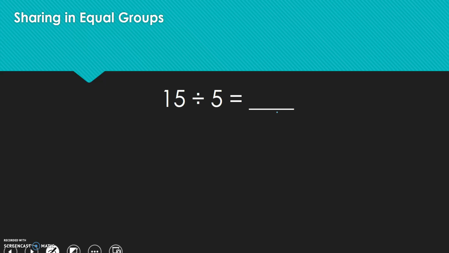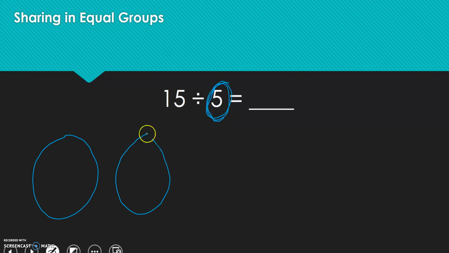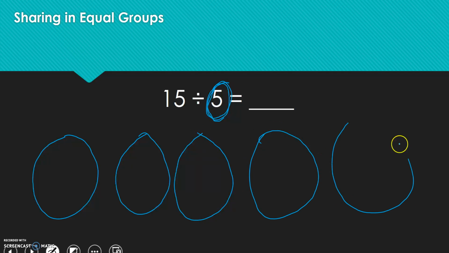15 divided by 5. So I'm going to be looking at my divisor, and I'm going to make 5 big circles. 1, 2, 3, 4, 5. And I'm dividing 15 into those 5 circles.